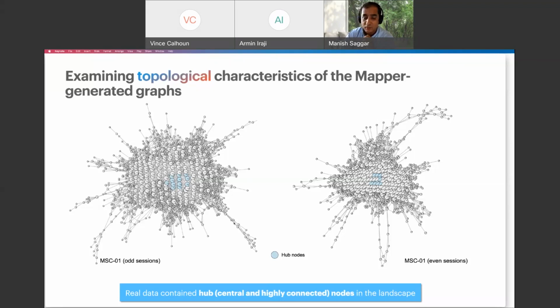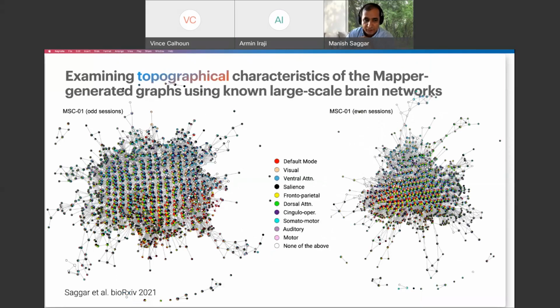and to further understand the whole manifold, we had one more trick up our sleeves, which is, instead of coloring the graphs by the topological properties, can we also color it by topographical properties? Meaning, can we color each node by looking at the TRs that it has, and look at mean activation for each of these networks that are now individually defined for each person?